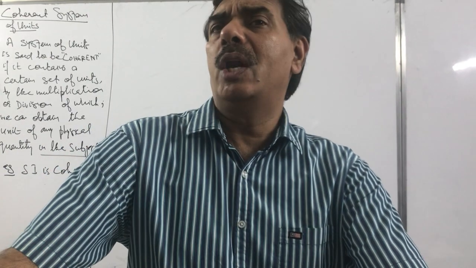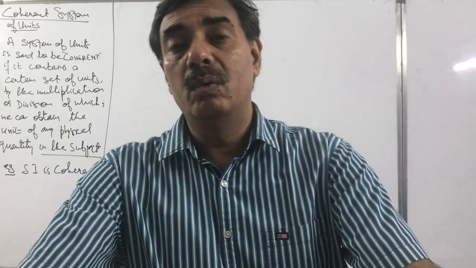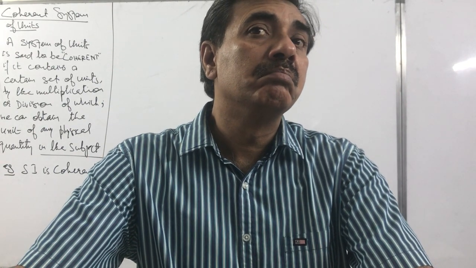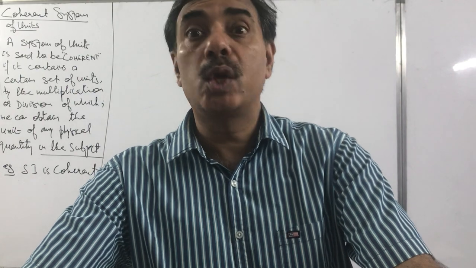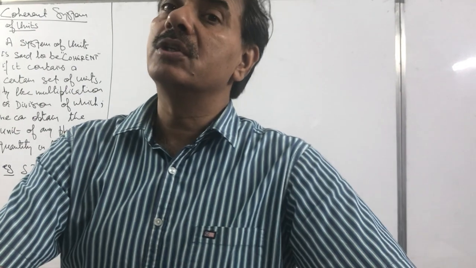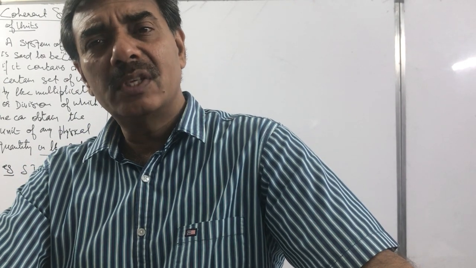Variable means they can have any value, like speed, velocity, acceleration, force, momentum. But there are some things which are constants, like velocity of light in vacuum, gravitational constant, Planck's constant, Avogadro number. There are some quantities which are constants.